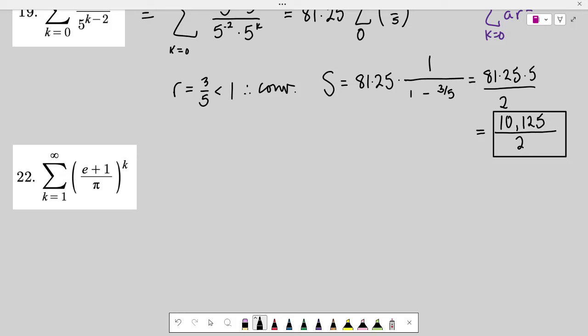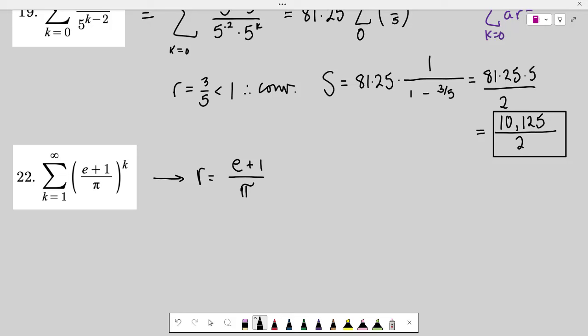So how about this one? Certainly it also looks geometric because that k is on the outside, so it's an a to the k. So what would be the r value here? What's r? e plus 1 over pi. Would the root test be easier? We could do the root test also. But geometric series is instantaneous if we know if r is bigger than 1 or less than 1.